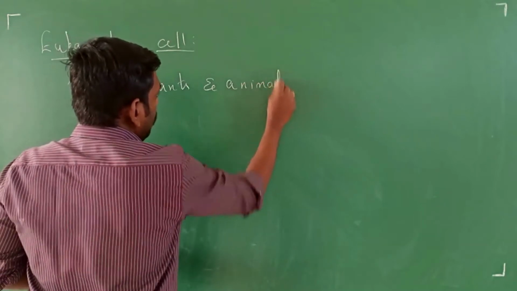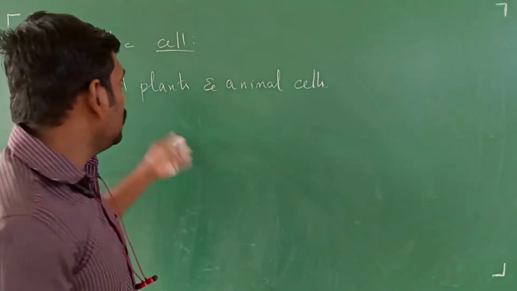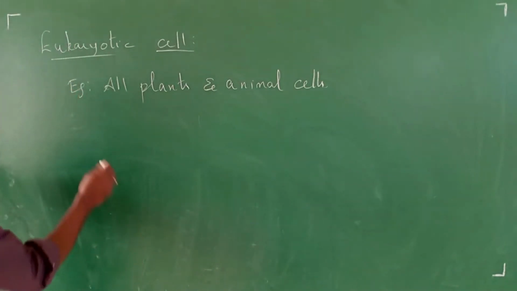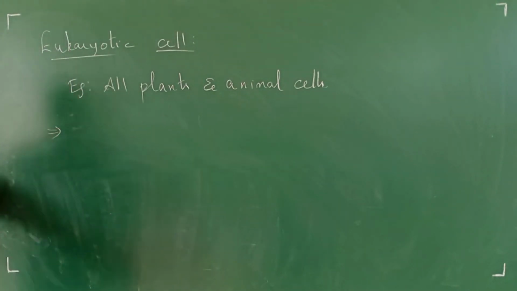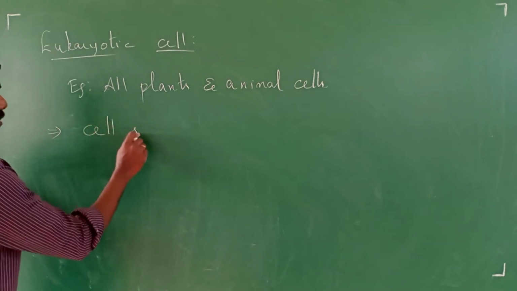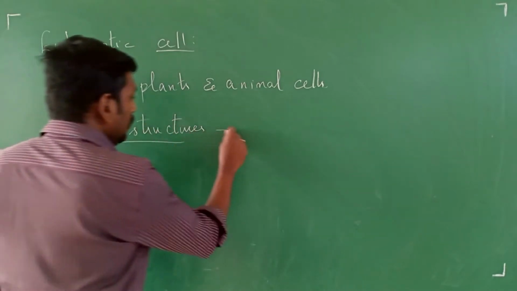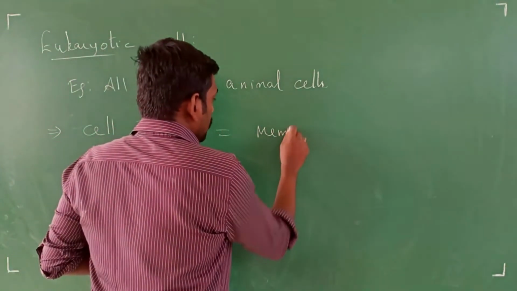Eukaryotic cells have cell structures, especially the membrane-bound organelles.